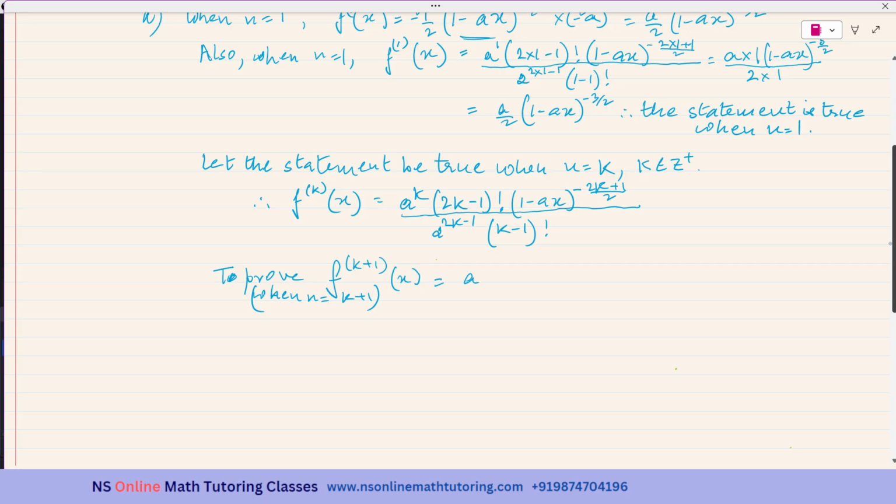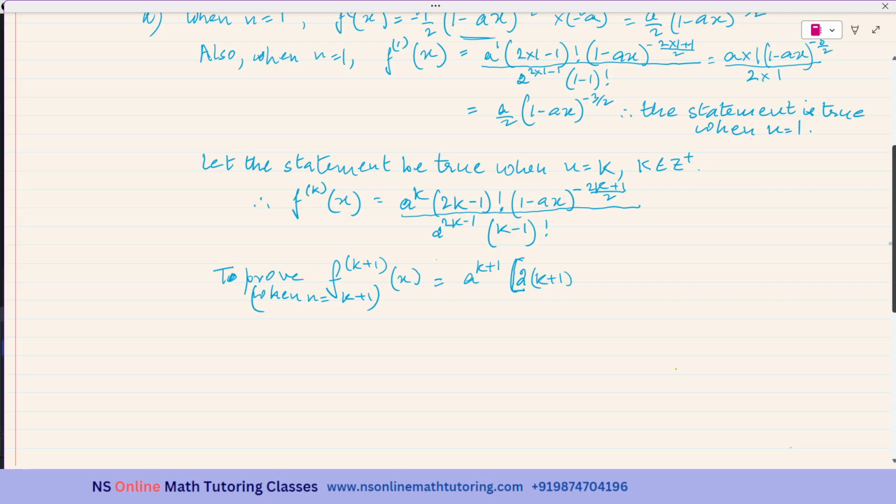It is e to the power of k plus 1 and this one will be 2. Let me put a big bracket, and in place of k I'll be writing k plus 1.